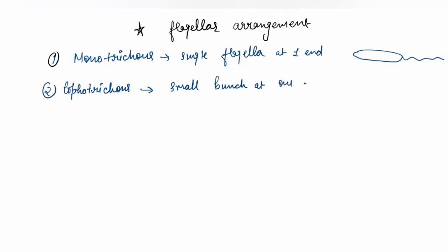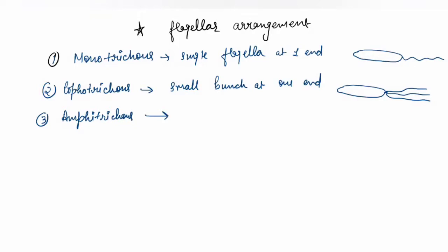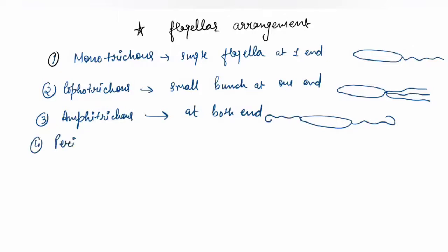A small bunch is there, just like a horse tail. Third one is amphitrichous. Amphitrichous means flagella at both ends. And lastly, peritrichous. Peri means all over the surface. So peritrichous means the flagella are present all over the bacterial cell surface.